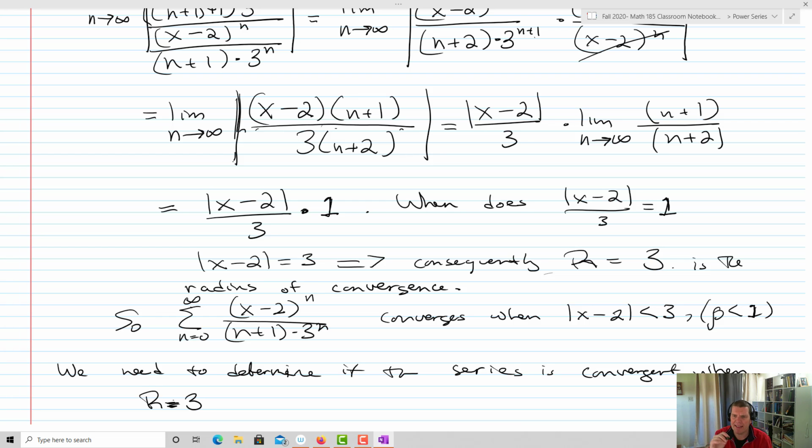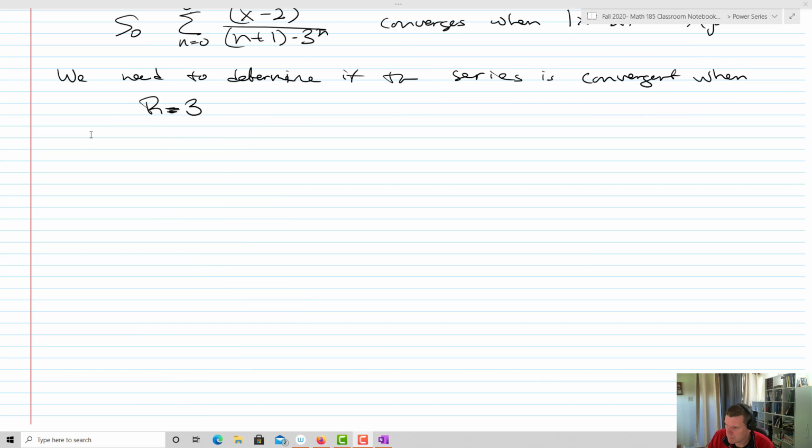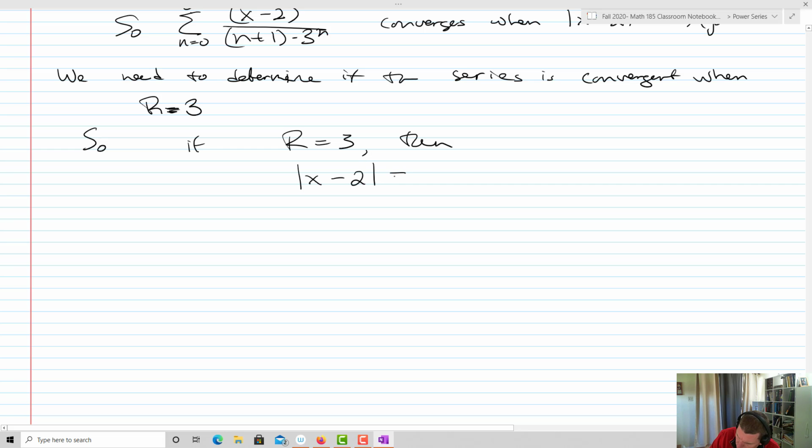What about at the values for when r equals 3? If r equals 3, then the absolute value of x minus 2 is equal to 3. And that means x equals 5, or x equals negative 1. All right, so we've got these two separate values.